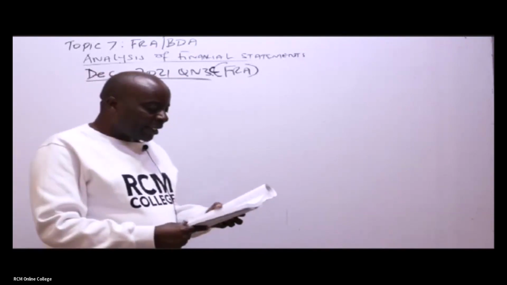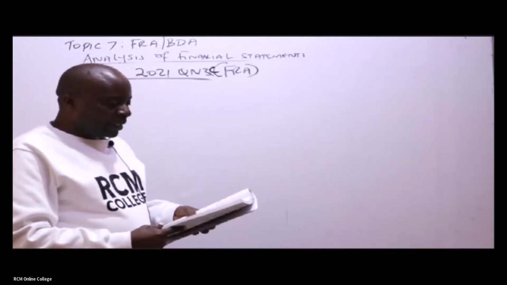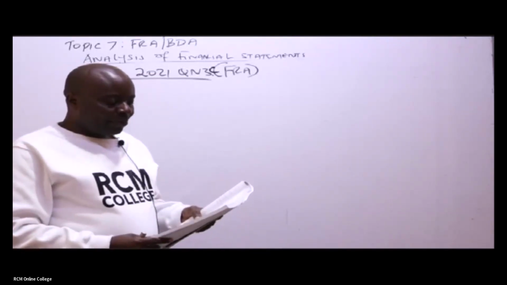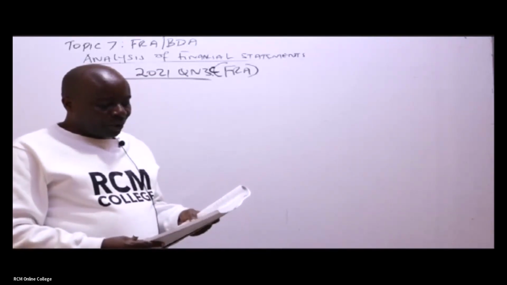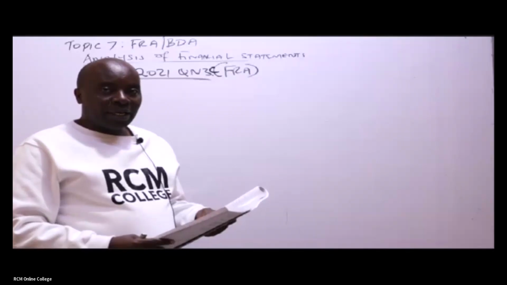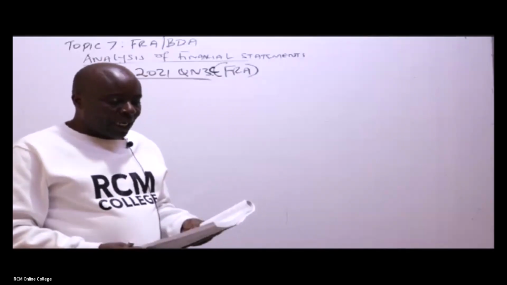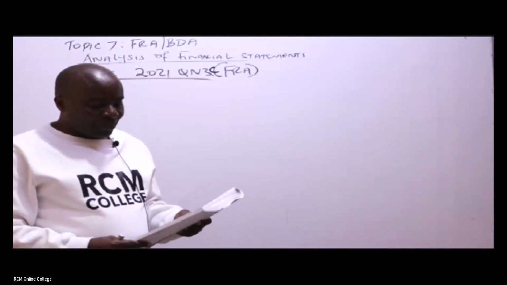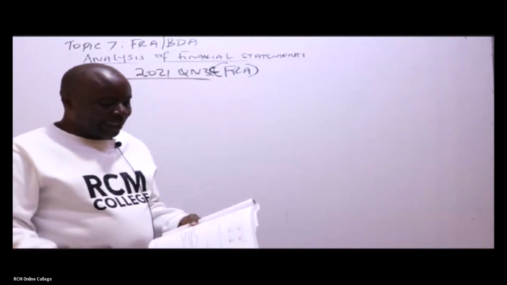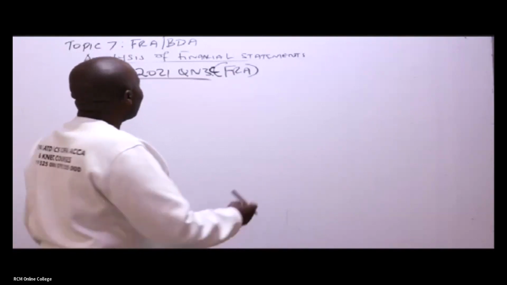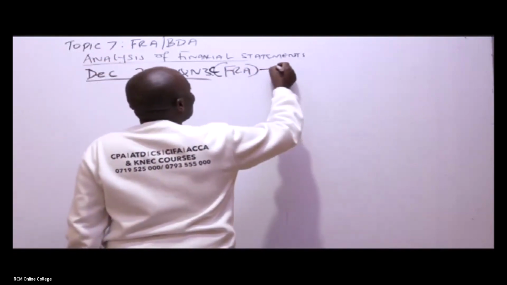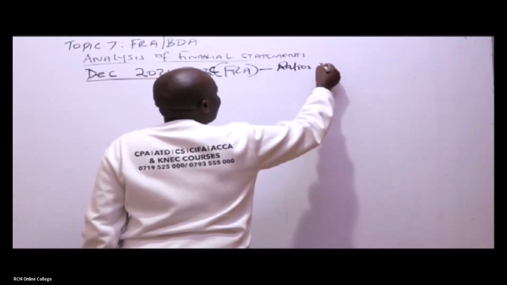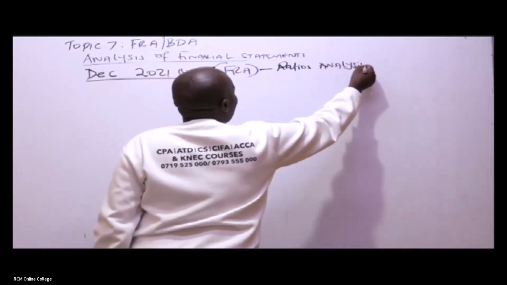Analyze and interpret the performance and the efficiency of the company for the 2 years ended 30th April 2020 and 2021 using the gross profit margin, return on capital employed, inventory turnover ratio, trade receivables collection period, trade payables payment period. Very easy. We are using this question to teach you ratios. So basically, this is ratio analysis.